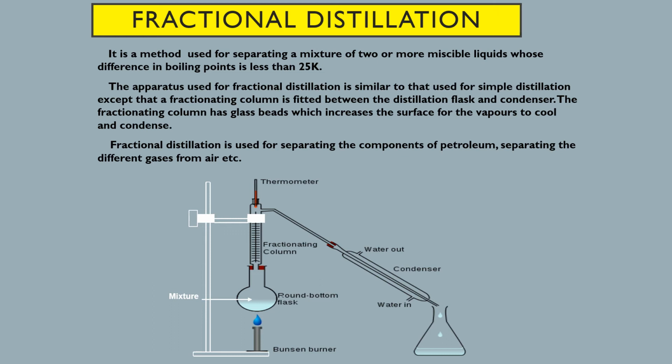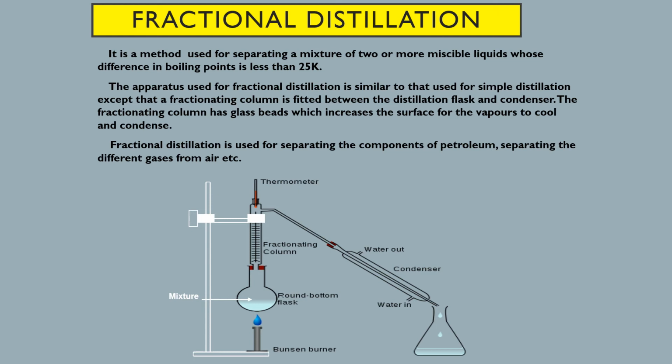The apparatus used for fractional distillation is similar to that used for simple distillation, except that a fractionating column is fit between the distillation flask and the condenser. The fractionating column has glass beads which increase the surface area for the vapors to cool and condense.